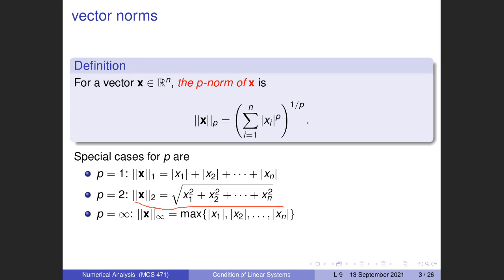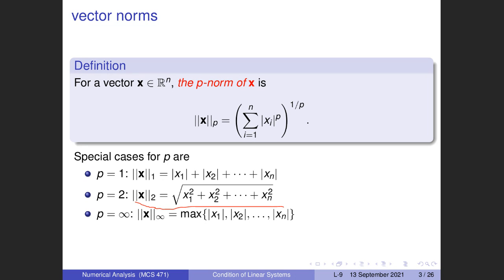In general, we have a p norm where we take the p power and the p root to get to the norm. Which you pick of course matters in some sense, but in another sense it doesn't.